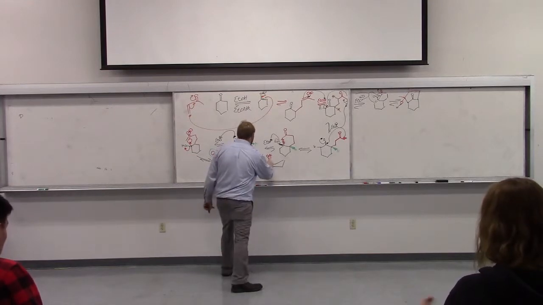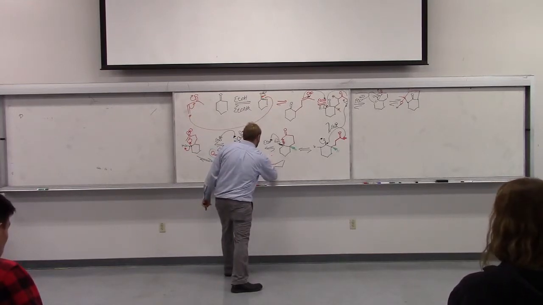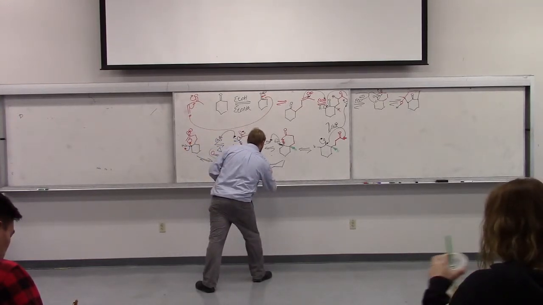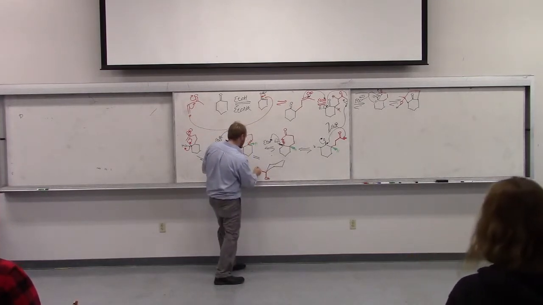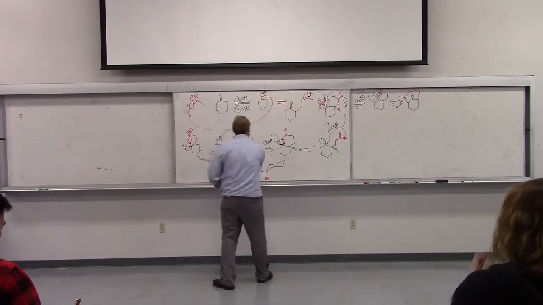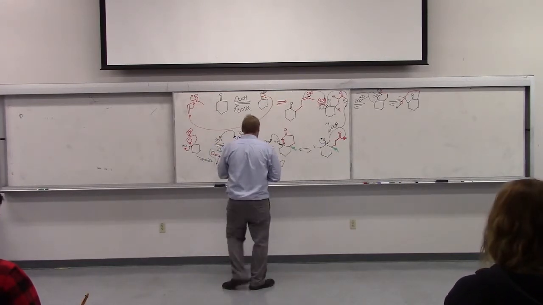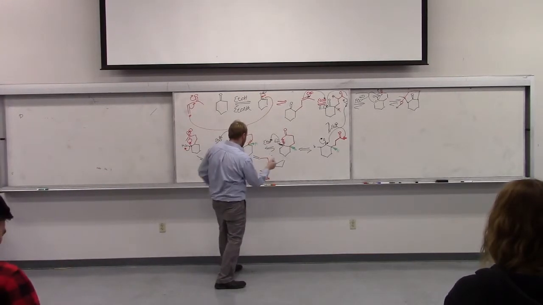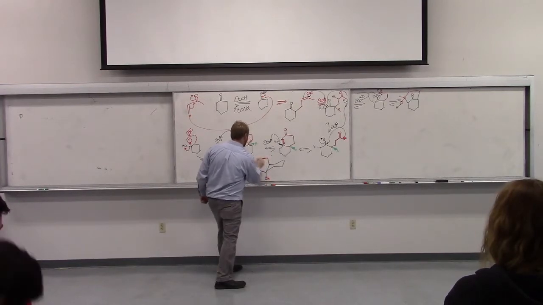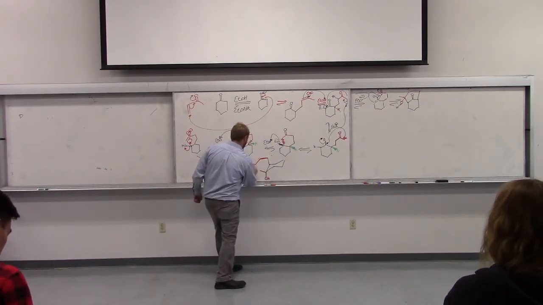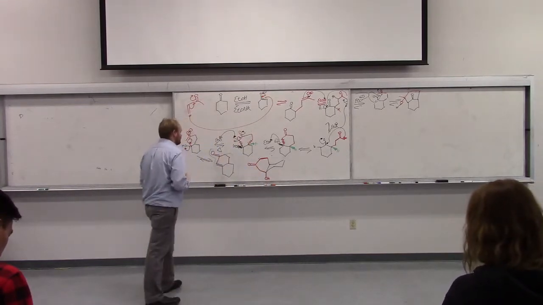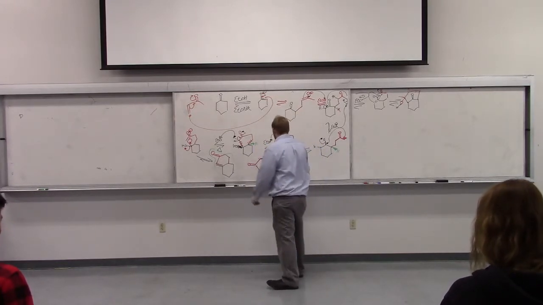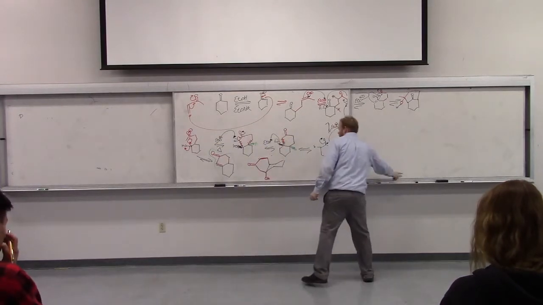So I guess if I do this, I'll draw the alcohol off of this carbon, then it'll go easier to draw. So we have this 6-membered ring.